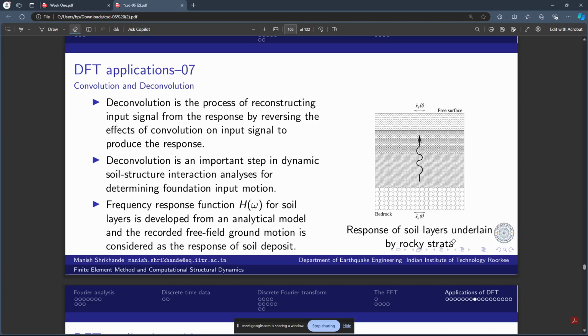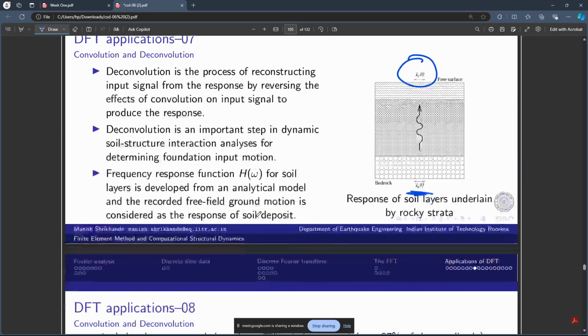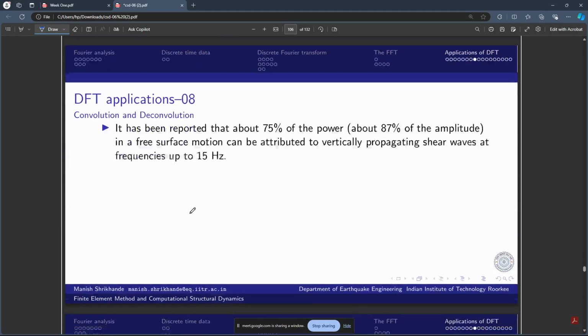For our case, we have been given discrete data, which is available at this surface, and we need to evaluate what the signal is here. The frequency response function H omega for soil is developed from an analytical model and considered as the response of the soil deposit.